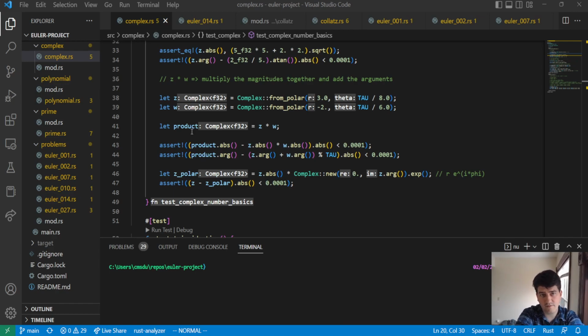Let's go ahead and derive some stuff here too, and then impl hex. I don't really want to expose these. Can we derive add?